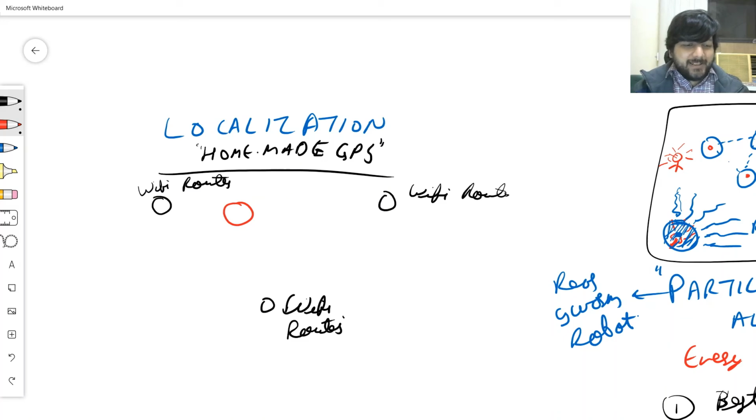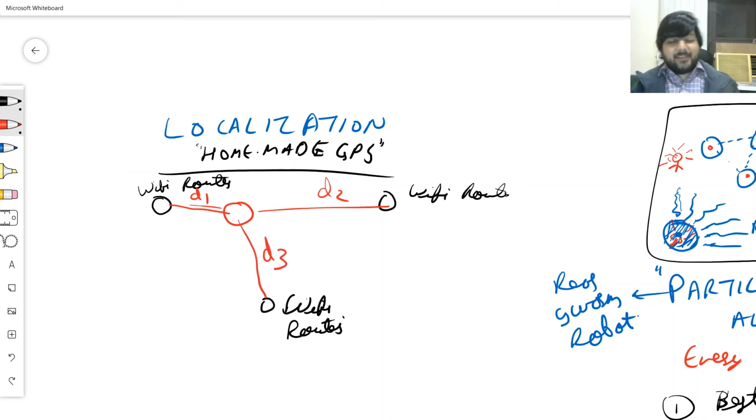It knows intensity from this Wi-Fi router. Every Wi-Fi router has a signature ID. So from it, it approximately knows the distance D1 here. So around this, cast a circle of D1. It knows approximately D2 distance over here. Cast a circle of radius D2 over here. Cast a circle of radius D3 over here.